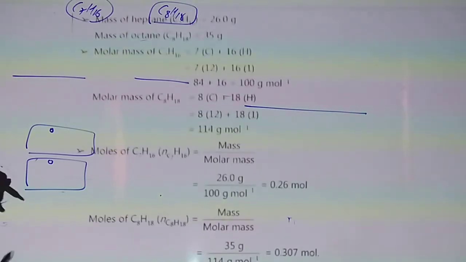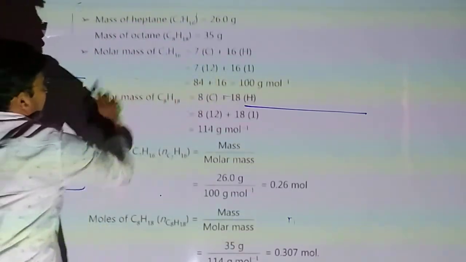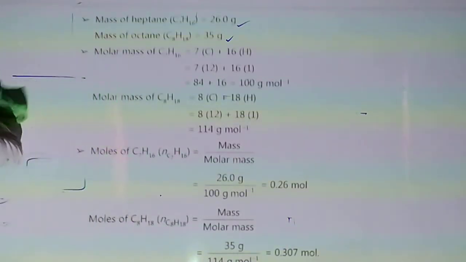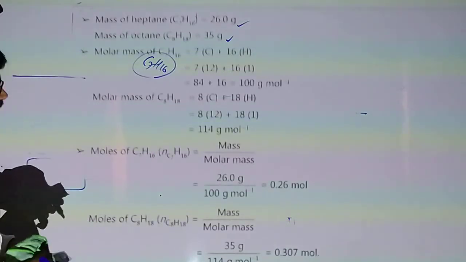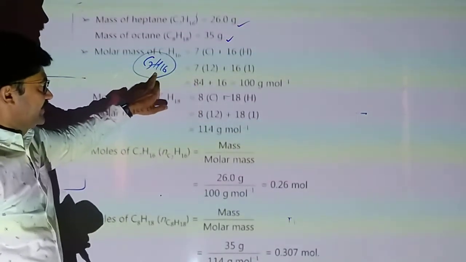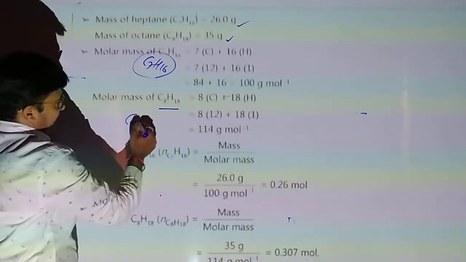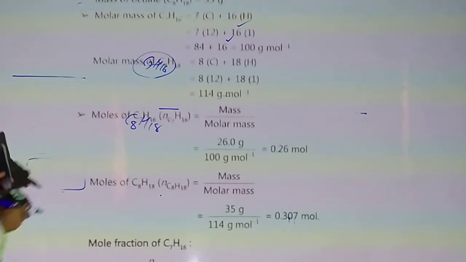So mass of heptane is 26 gram, mass of octane is 35 gram. Molar mass of heptane C7H16: 12 × 7 is 84, 16 × 1 is 16, so 100. Molar mass of octane C8H18: 12 × 8 is 96, 18 × 1 is 18, so 114. Moles of heptane, mass upon molar mass, 26 by 100 is 0.26.